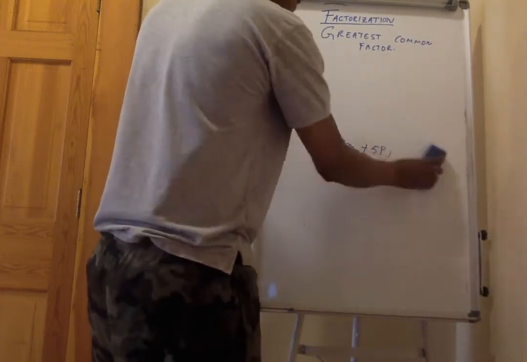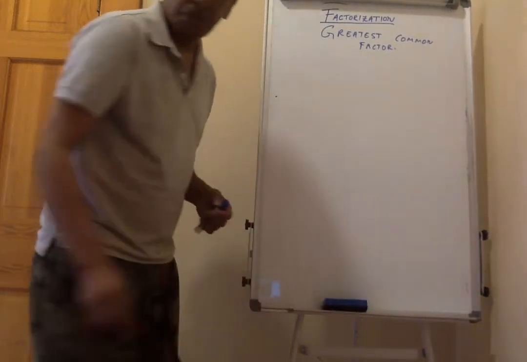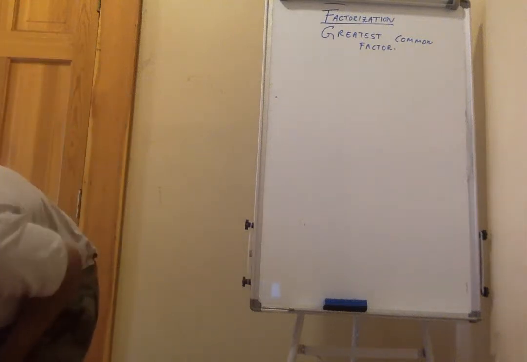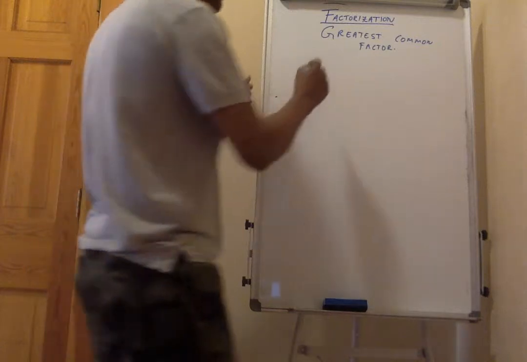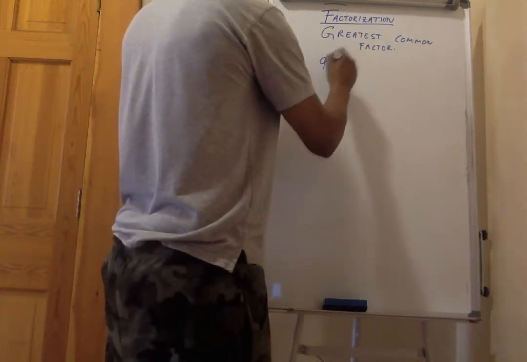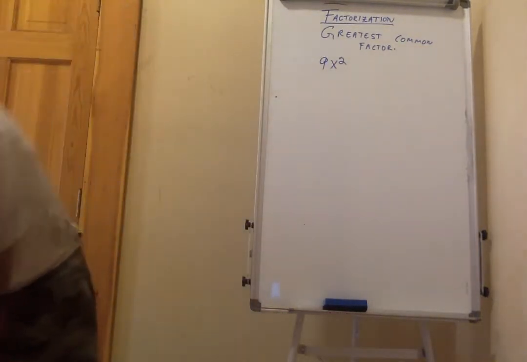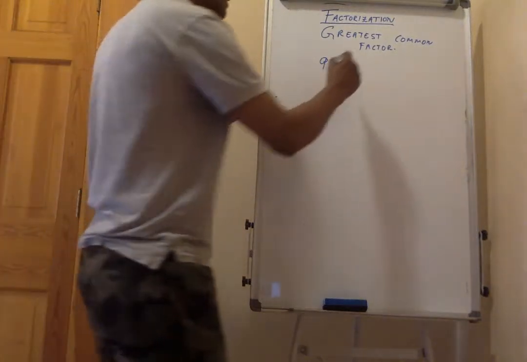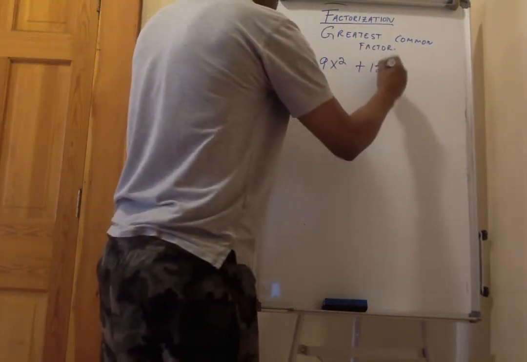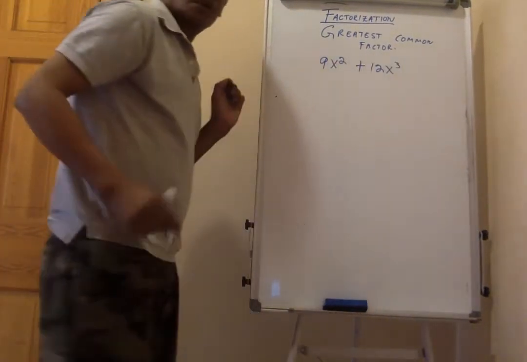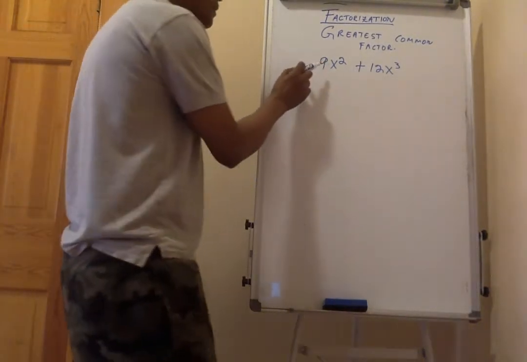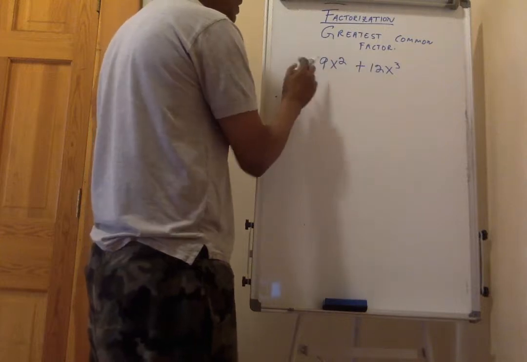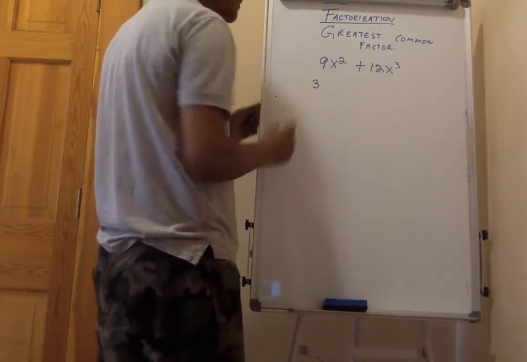Let me do probably one or two more because it's not a difficult concept here. 9x squared plus 12x cubed. Okay. So once again, find the greatest common factor between 9 and 12. You would have 3.